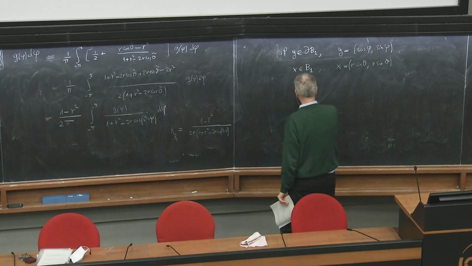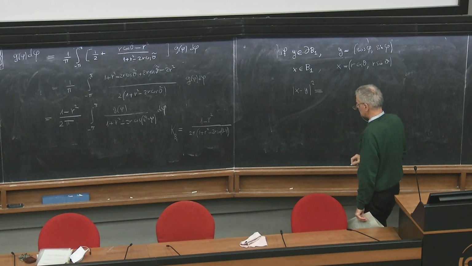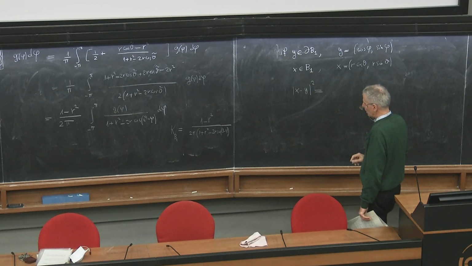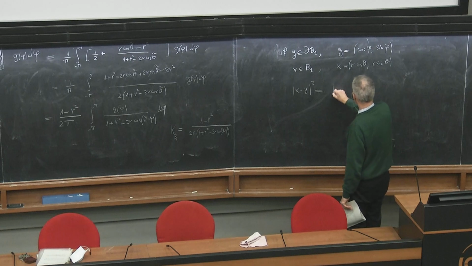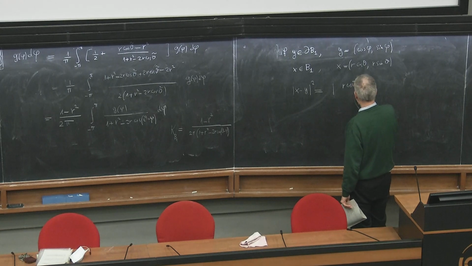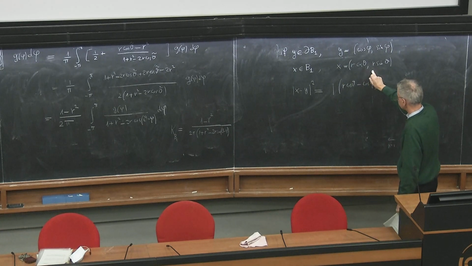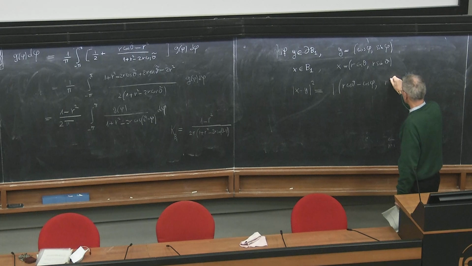So let's compute now |x minus y| squared. This is r cos theta minus cos phi, comma, r sin of theta minus sin of phi, squared.